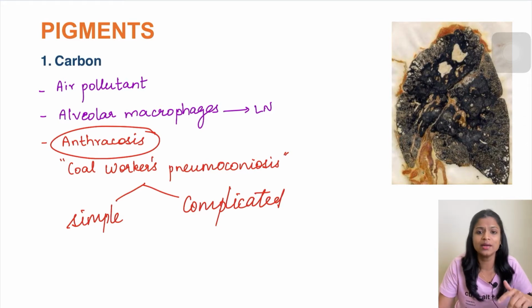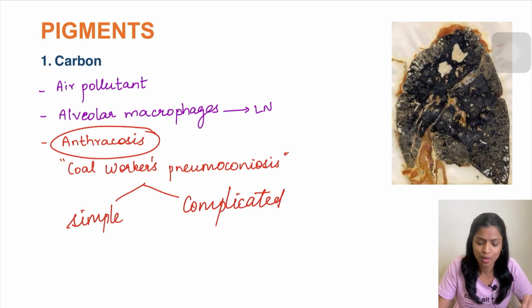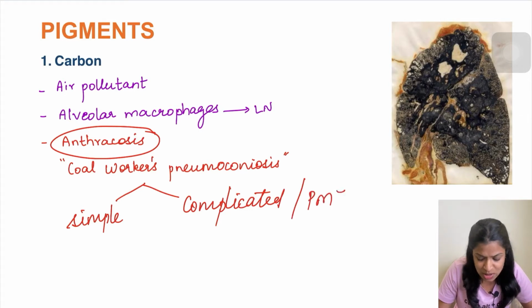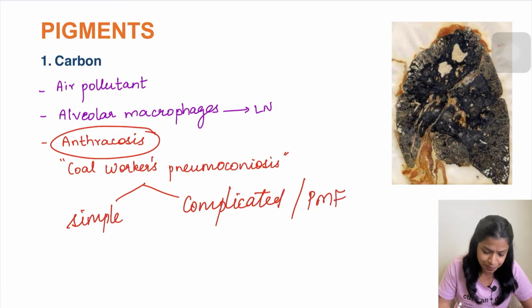But in complicated coal workers pneumoconiosis, because of the deposition of these coal particles, that is the carbon particles, the lung will undergo fibrosis. So scarring of the lung tissue will happen, and the lung function will get decreased. That is what happens in complicated coal workers pneumoconiosis. It is also called progressive massive fibrosis. We'll see in detail about these when we are discussing the lung chapter.